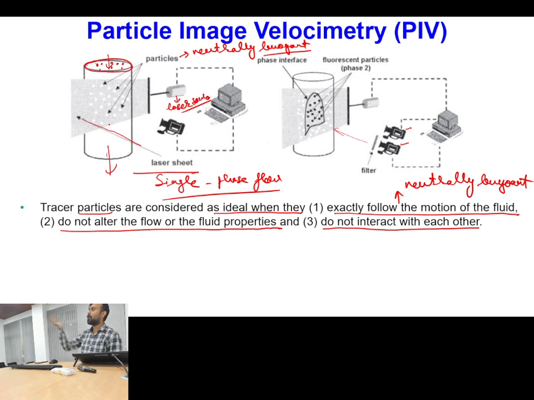So some optics you have to use in order to convert this light into a sheet. In this zone, whatever your illuminated portion is, it will be entirely capturing the particle images.